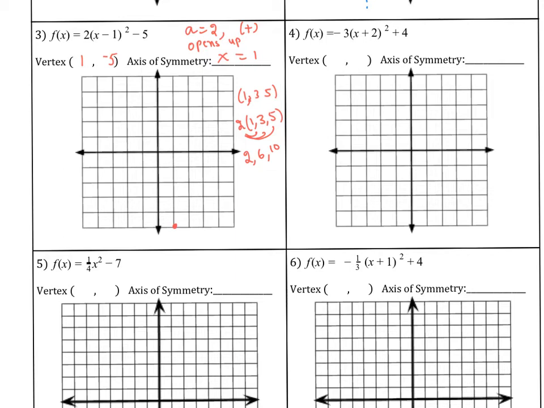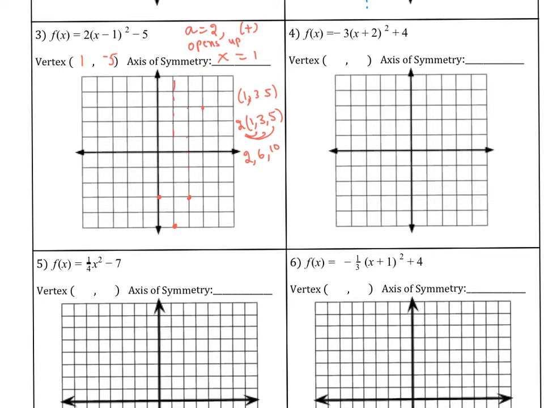So from this point right here, you're going to go up 2, and then from 2 you're going to go up 6. So my next point is going to be up 2, 1, 2, 3, 4, 5, 6, so up 6, and same on the other side.